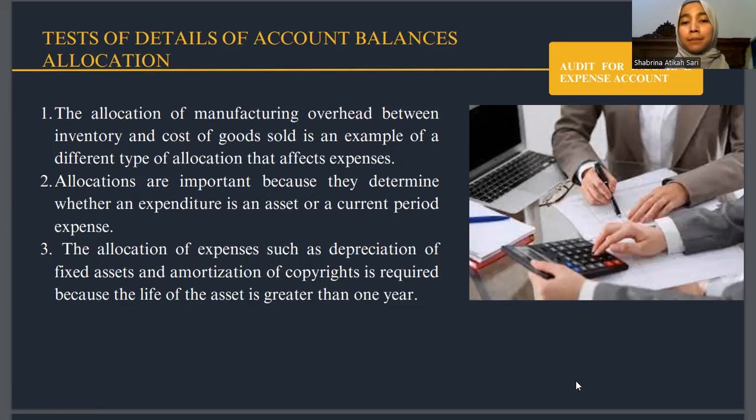Allocation is important because it determines whether an expenditure is an asset or a current period expense. If the client fails to follow accounting standards or fails to calculate the allocation, the financial statements can be materially misstated. The allocation of expenses such as depreciation of fixed assets and amortization of the copyright is required because the life of the asset is greater than 1 year. So the original cost of the asset is verified at the time of acquisition, but the charge to expense takes place over several years.